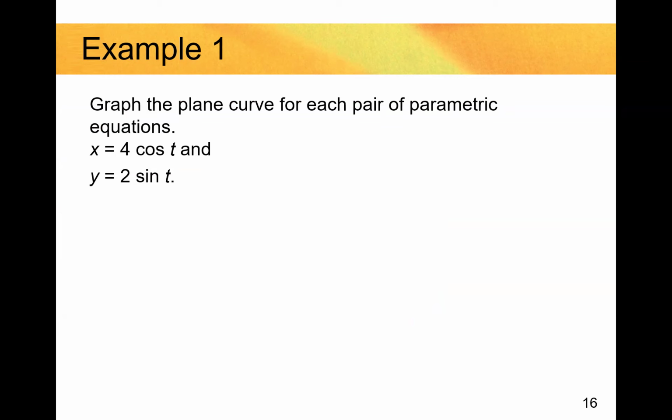All right, so you guys have your notes in front of you. Did you write this one down? Example 1 says, graph this plane curve in parametric mode, for each pair of parametric equations here. So x is equal to 4 cosine t, y is equal to 2 sine t.